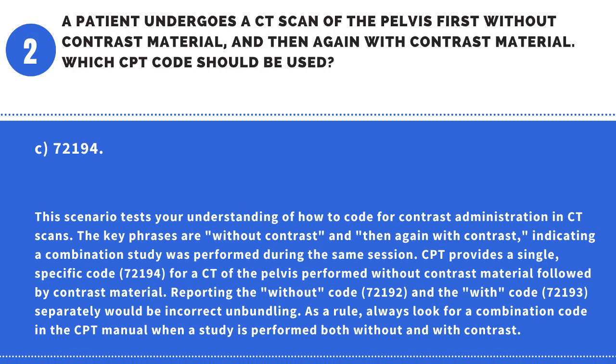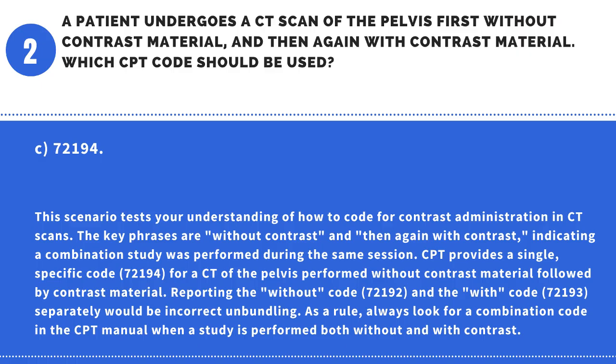Answer: C. 72194. This scenario tests your understanding of how to code for contrast administration in CT scans. The key phrases are without contrast and then again with contrast, indicating a combination study was performed during the same session.